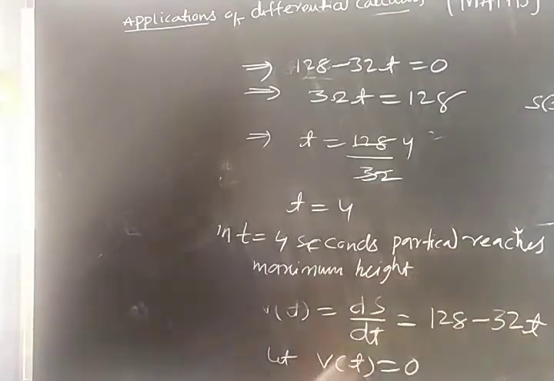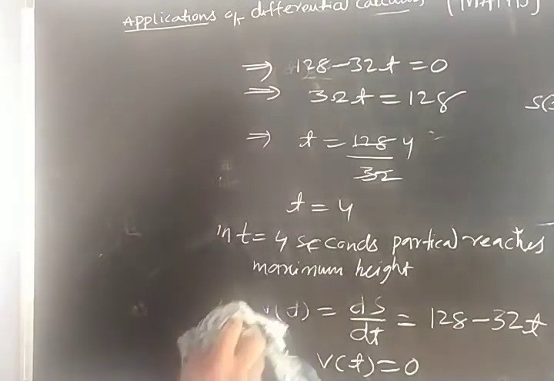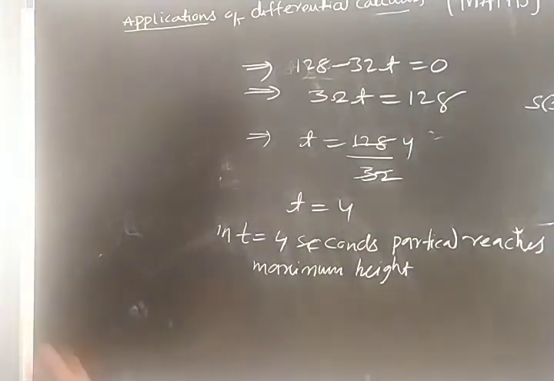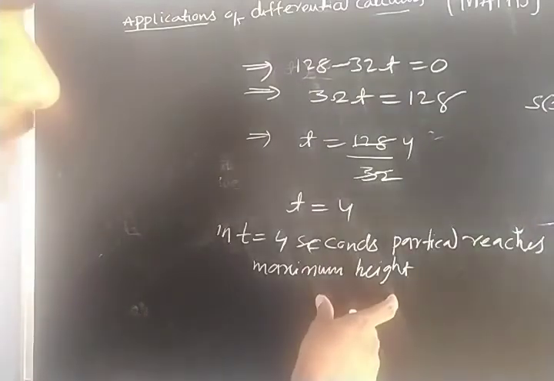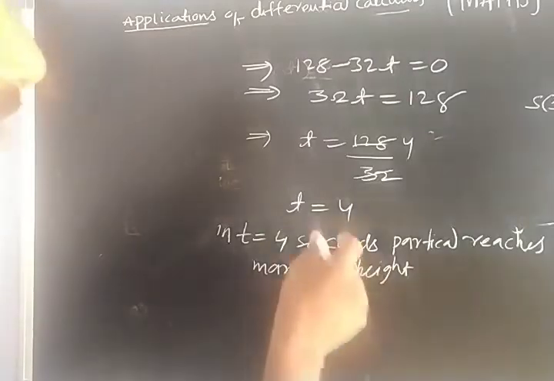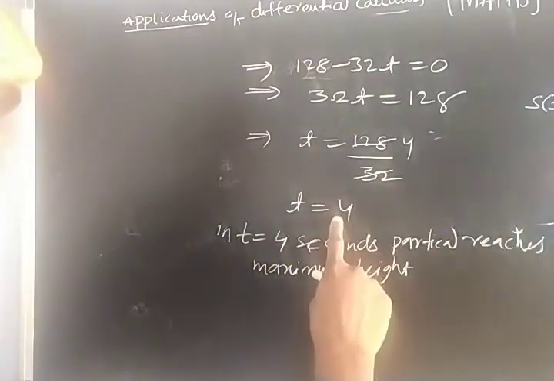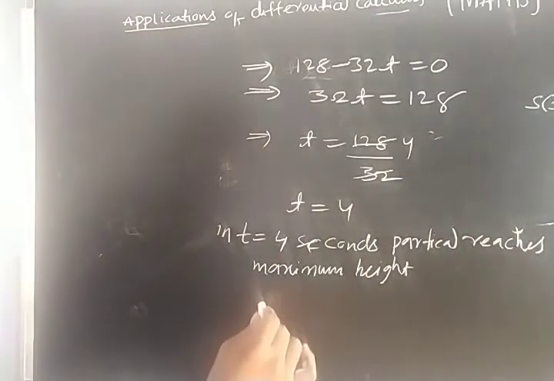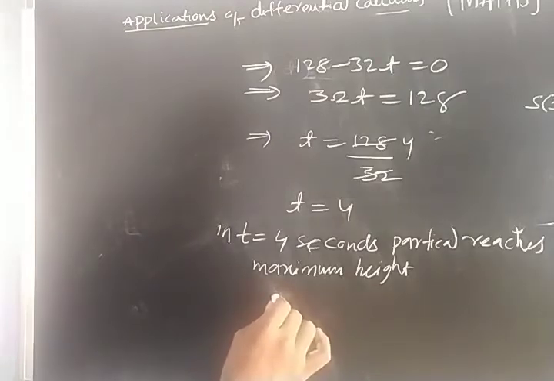Okay. Now we have to find the maximum height. What is that maximum height the particle reaches? To find the maximum height, we have to substitute the time in S of t. So substitute t equal to 4 in S of t.